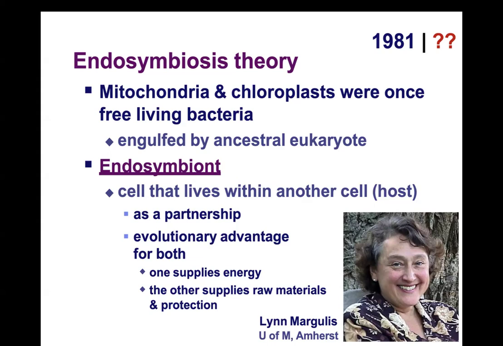And so in this symbiotic relationship, the larger organism protects and gathers the resources, and the smaller cells utilize them and produce these needed products. There's a mutually beneficial relationship, and that's what this theory says developed.